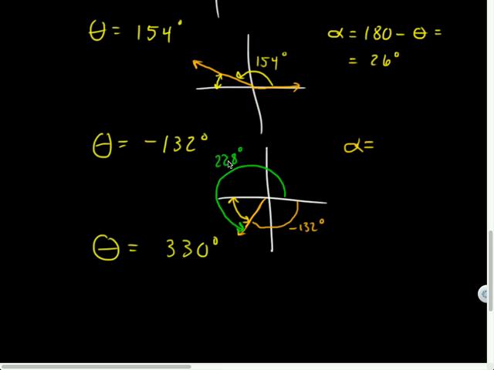That would also work. There are multiple ways of looking at this. But if I use my coterminal, theta minus 180 in this case, 228 minus 180 is 48 degrees.